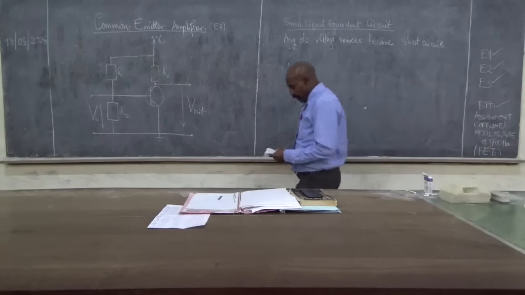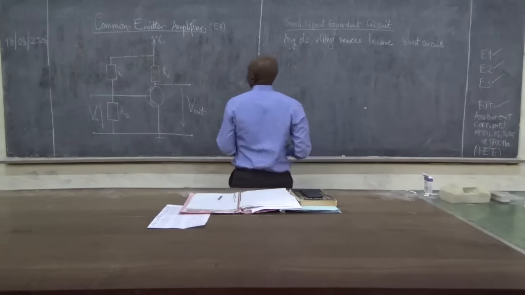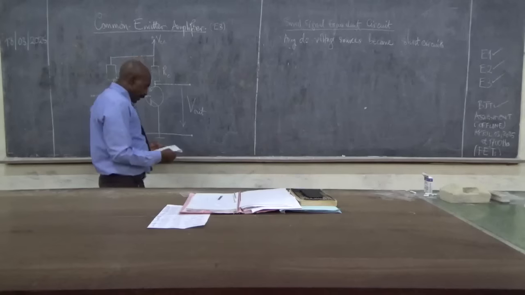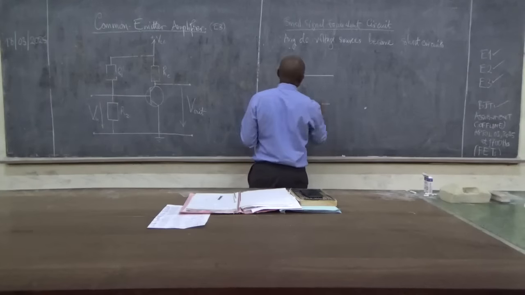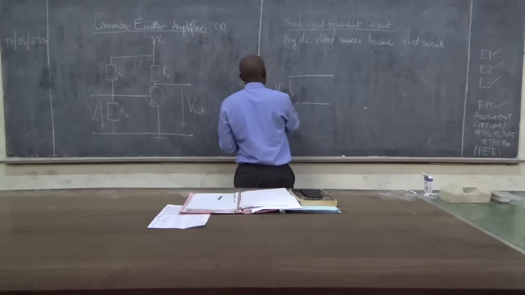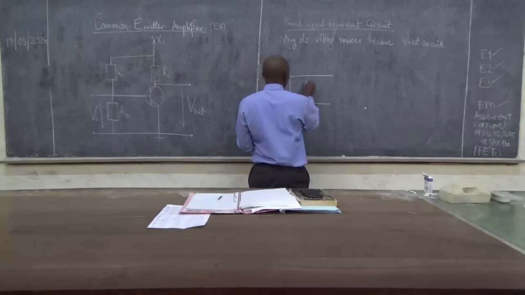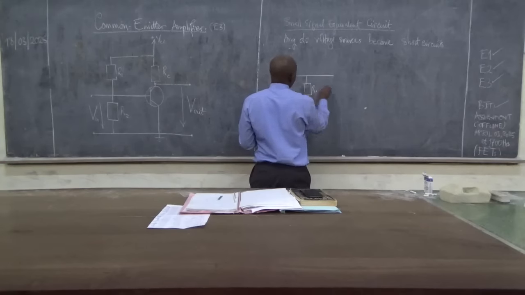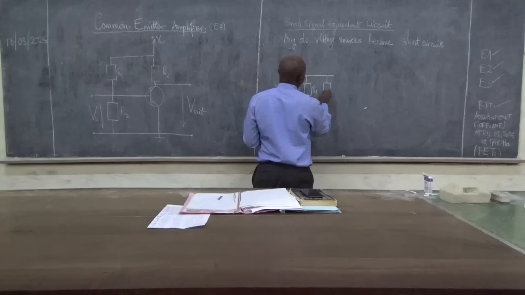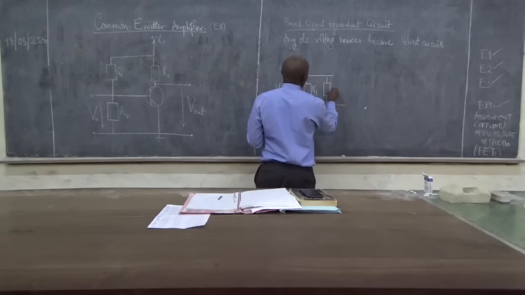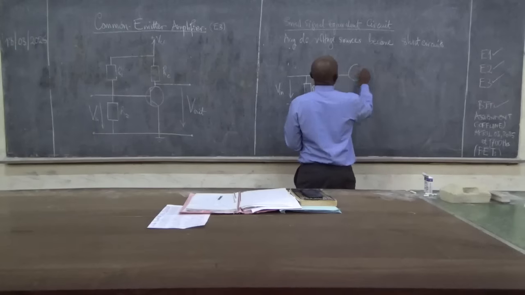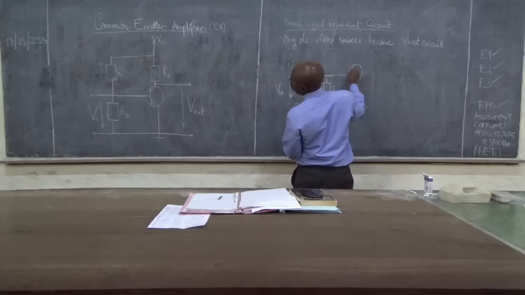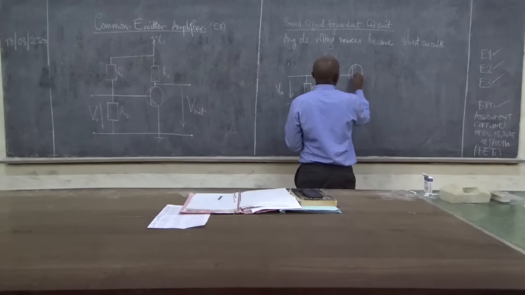And so when they become short circuits, we change this circuit with this form. We have the transistor.